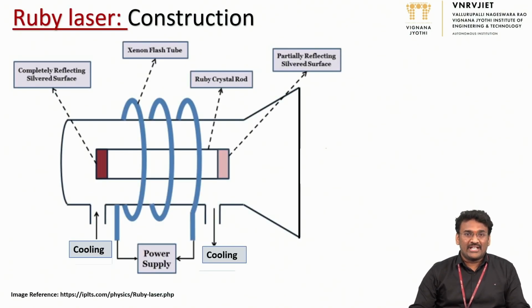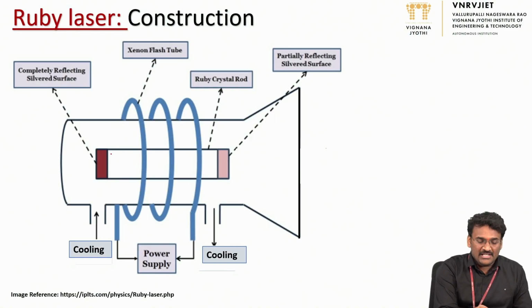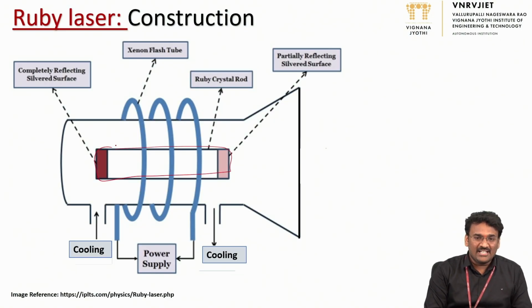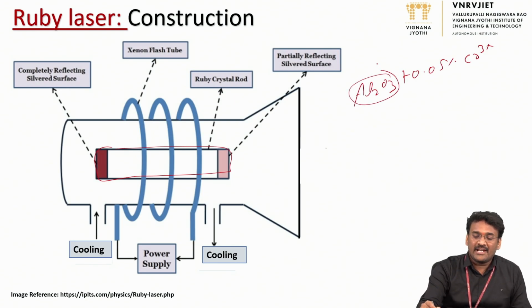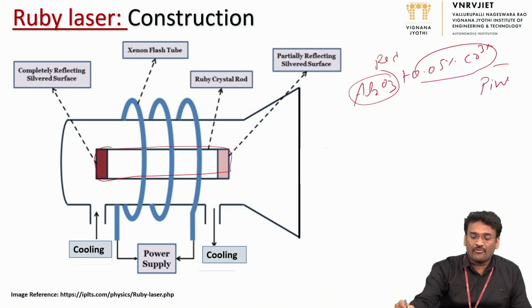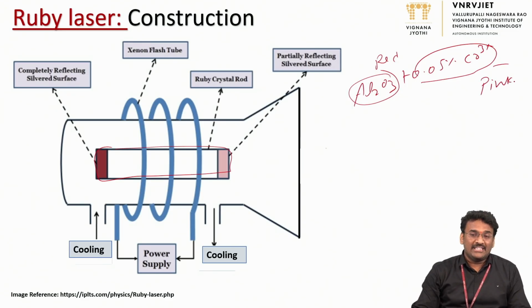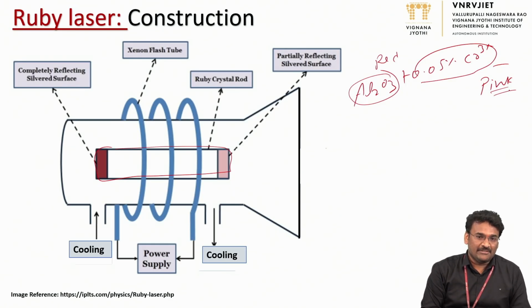This is a construction diagram for the ruby laser, which consists of this ruby rod. As I said, this is aluminum oxide doped with 0.05% of chromium ions. Actually aluminum oxide color is red. When we dope with 0.05% of chromium, the color of the rod becomes pink, and that pink color rod is used as an active medium here.